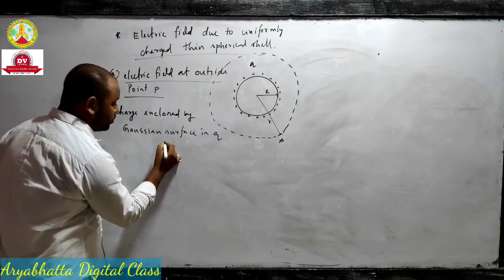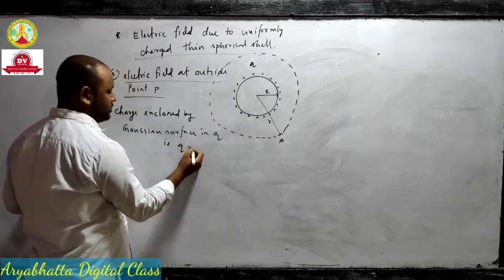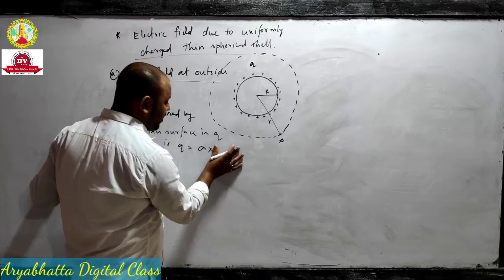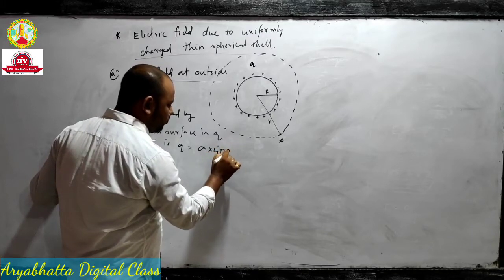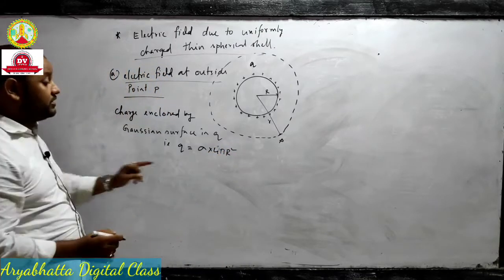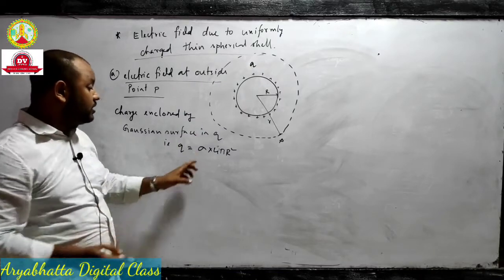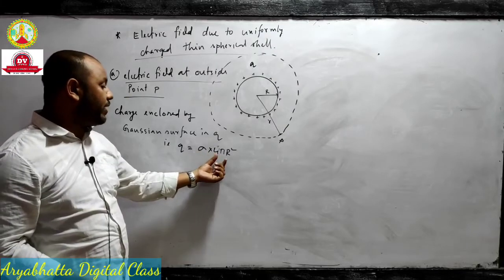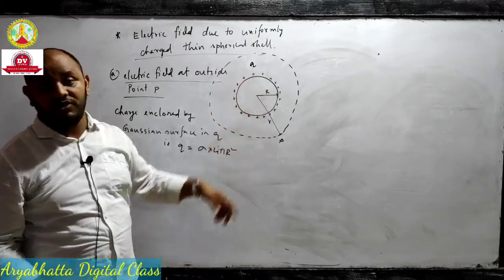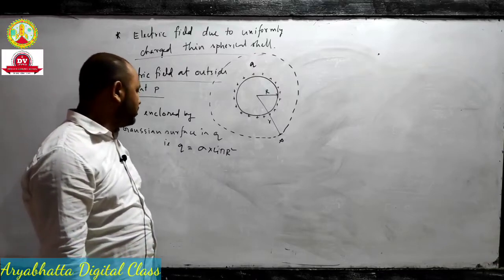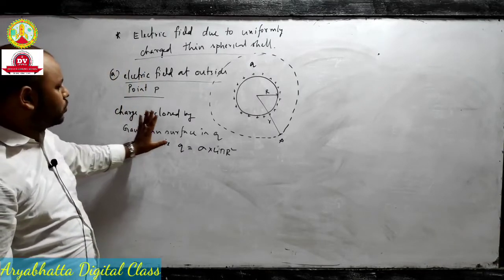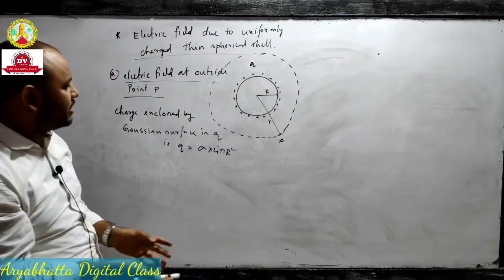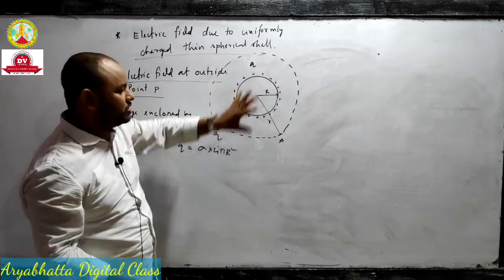You can also write Q is equal to sigma into 4 pi r square. Sigma is the surface charge density, that is the charge per unit area, and 4 pi r square is the surface area of the sphere. That is why the charge enclosed by the Gaussian surface will be equal to your total charge.